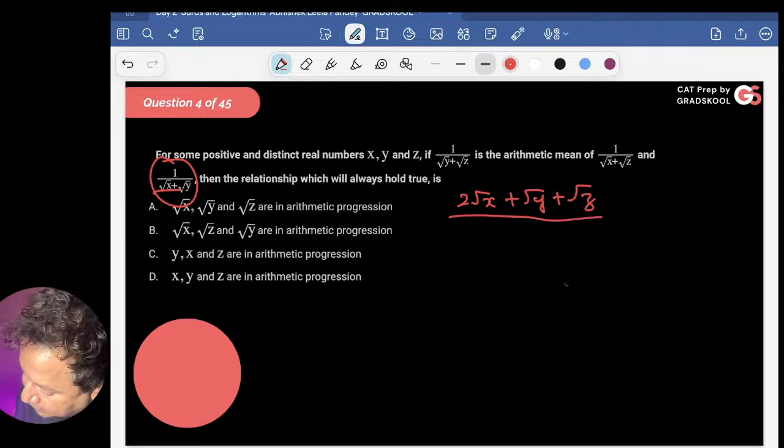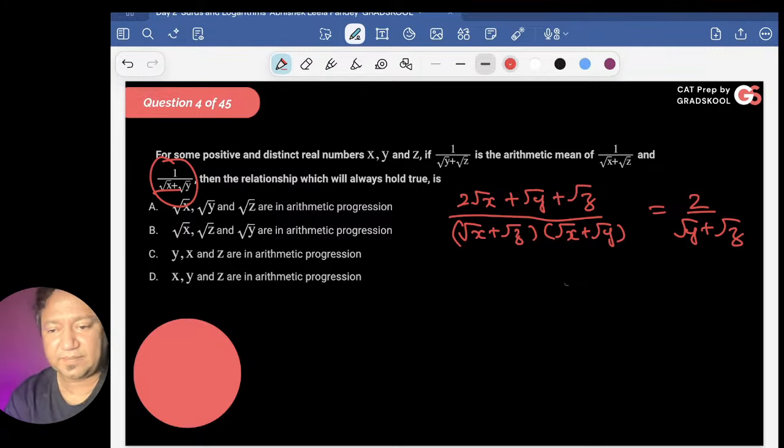Upon root X plus root Z multiplied by root X plus root Y is equal to 2 upon root Y plus root Z. Is it right? The first step is clear? सुदीप हाँ कर लेंगे ये स्लाइड पहले, बताओ ये फर्स्ट स्टेप इज क्लियर. Is the first step clear guys? Looks good.